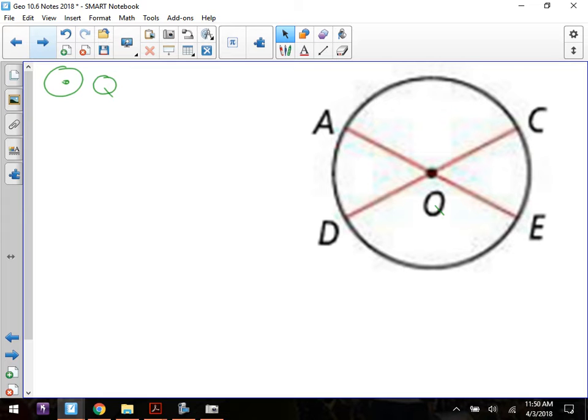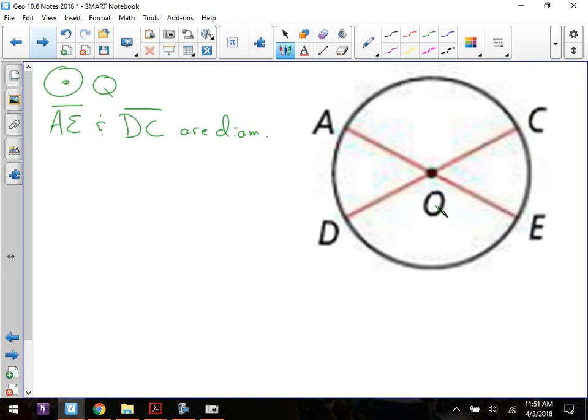We'll call it circle Q. And we'll say that AE and DC are diameters. Okay, we'll say that these are circle Q, and we've got a couple of diameters.